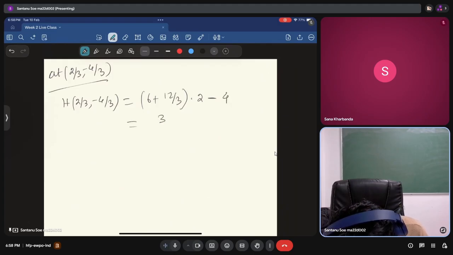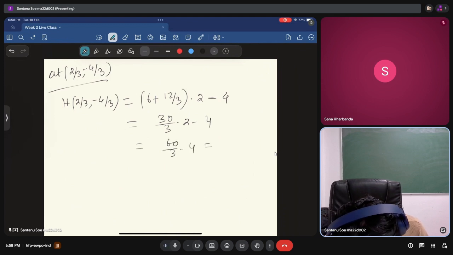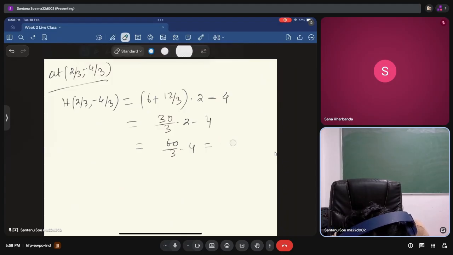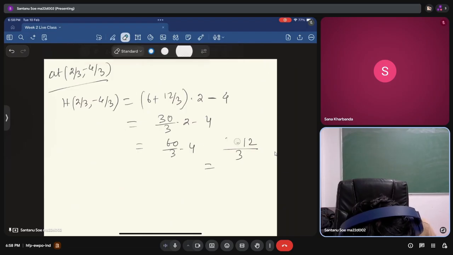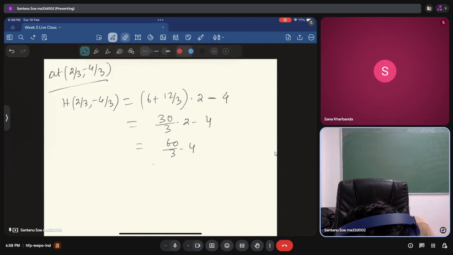So this is 30 divided by 3 into 2 minus 4, so this will be 60 divided by 3 minus 4, which is 20 minus 4, which is 16, greater than 0.